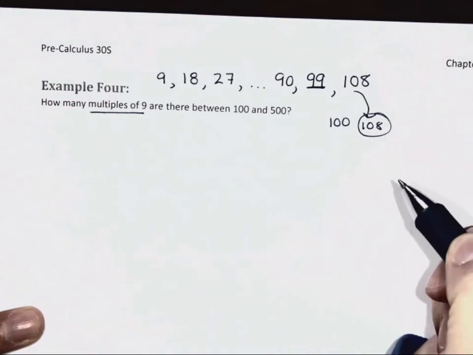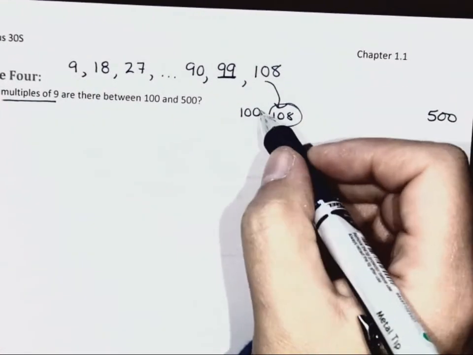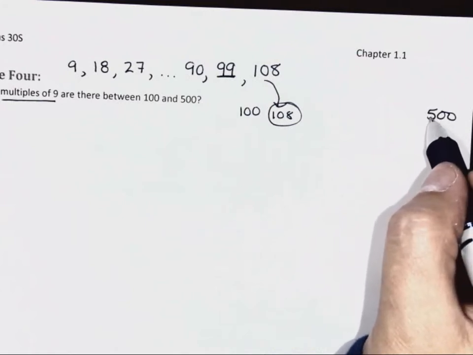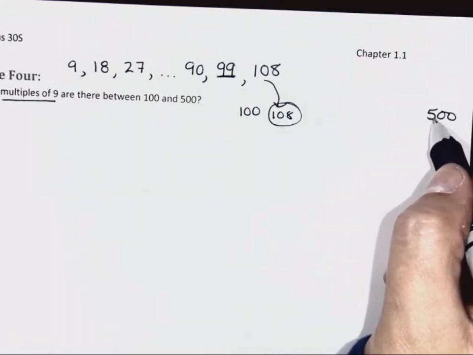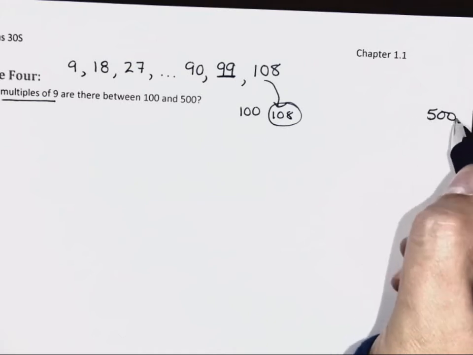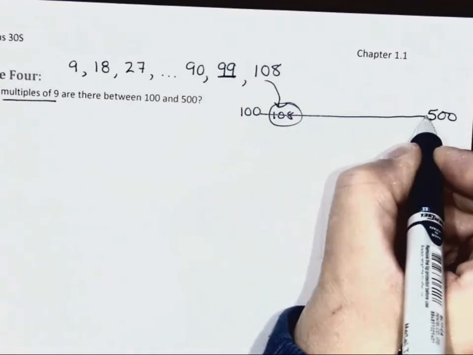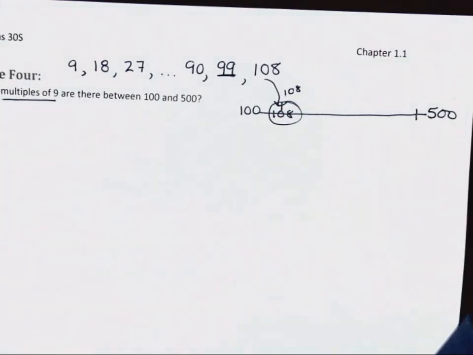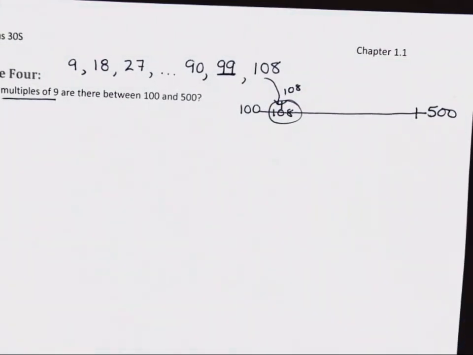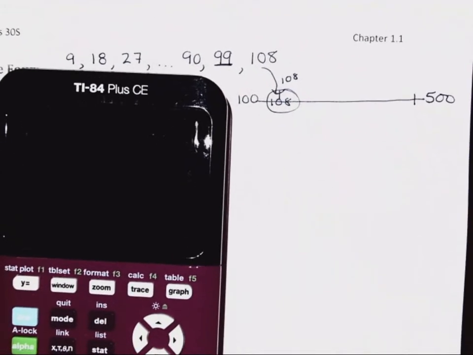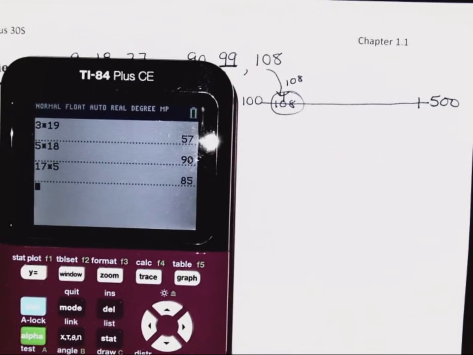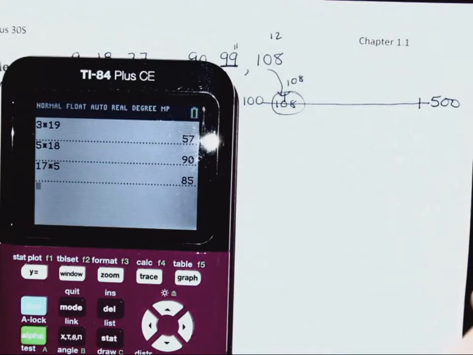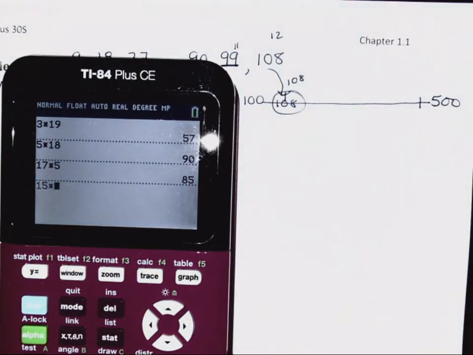Okay, that's there. Now the question is, what's the one that's less than 500? What's inside this boundary? If this was a number line, we know that 108 would be here. What's the one closest to 500? Using my handy dandy calculator, I'm going to do some guessing and checking. So what if I did 15 times 9?